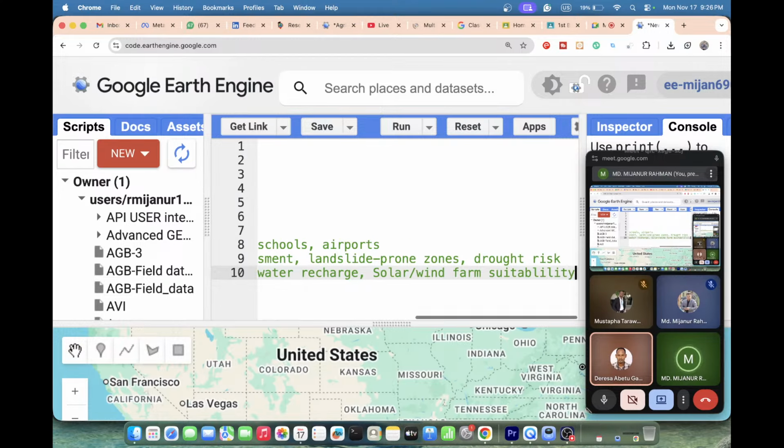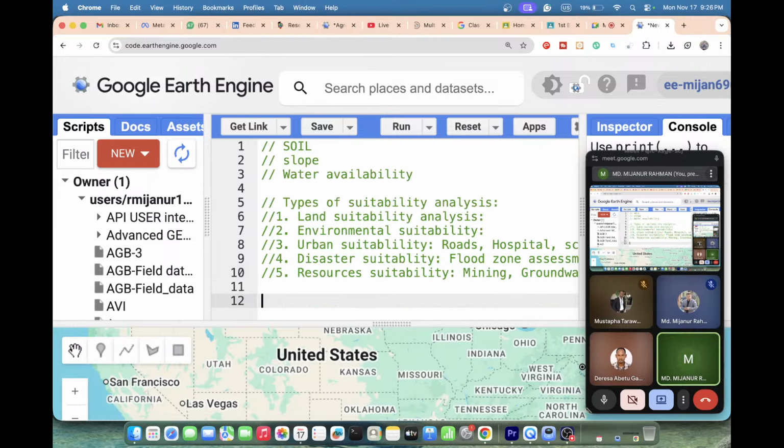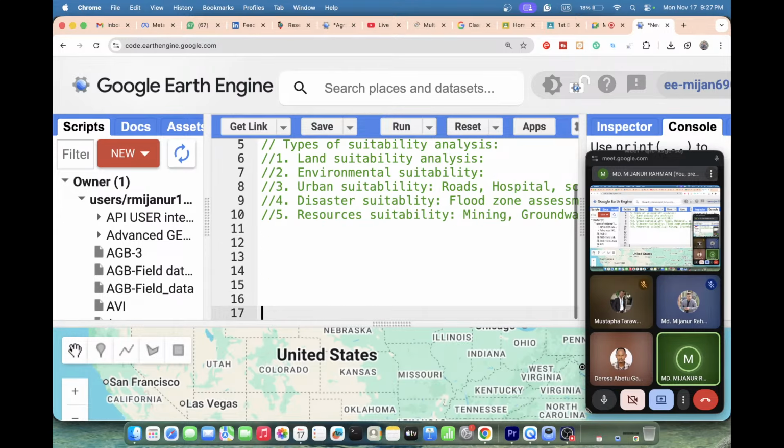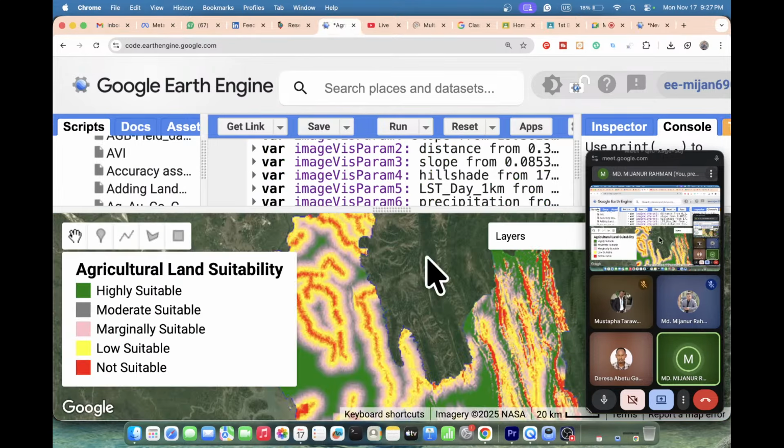So these types of examples can easily be done using suitability analysis. We can also do a real life example, such as agriculture. For agriculture, I already made the code here. First of all, I will discuss the theory, then I will explain the code.